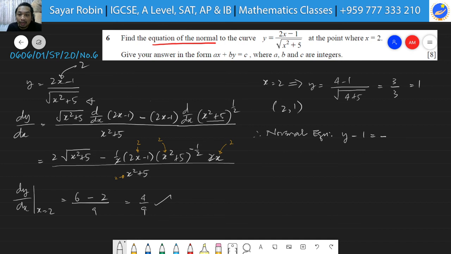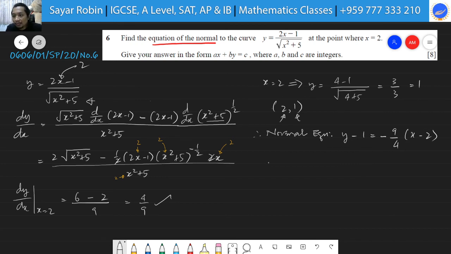Negative reciprocal means 4 over 9 is going to be negative 9 over 4. Okay, just need to switch it. And then x minus x1 is going to be this one, right? This is x1, 2.